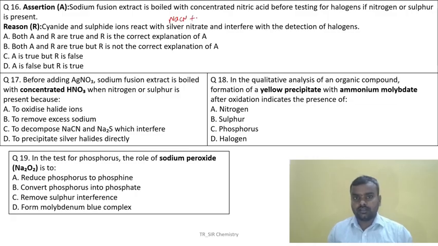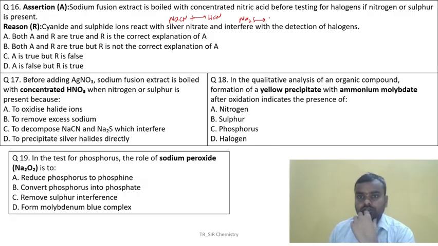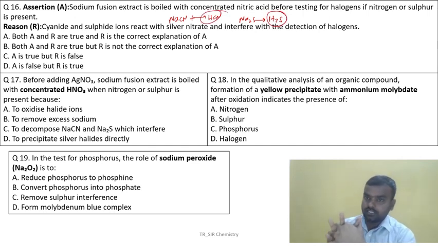NaCN we have to separate as HCN, which will go away, and Na2S we convert into H2S. So we have to convert them into gas form so that they will not interfere in the reaction. So that is correct. Cyanide and sulfide ions react with silver nitrate and interfere with the detection of halogens. So both are perfectly correct. So option A is the right answer.